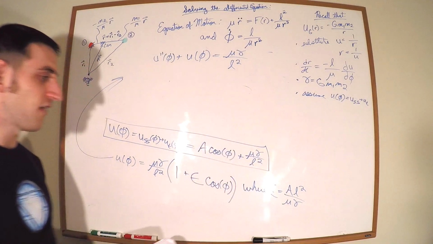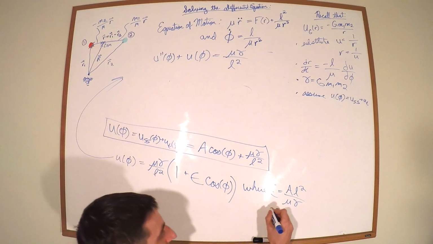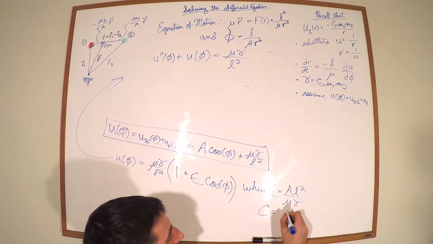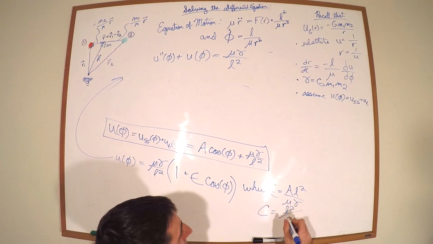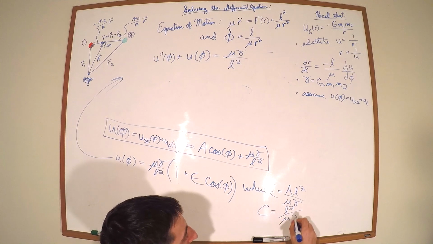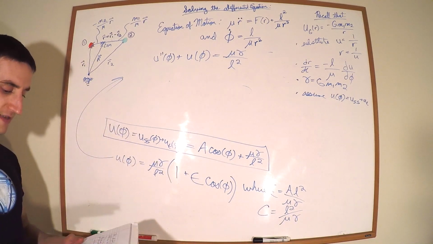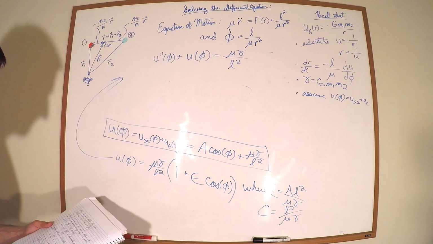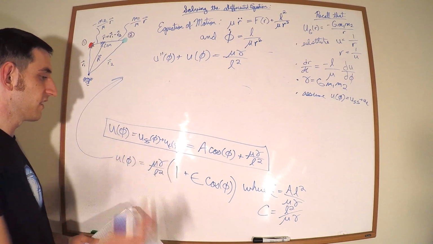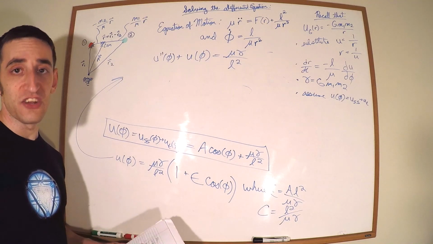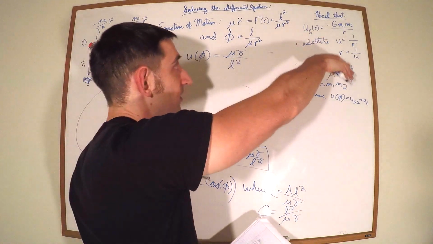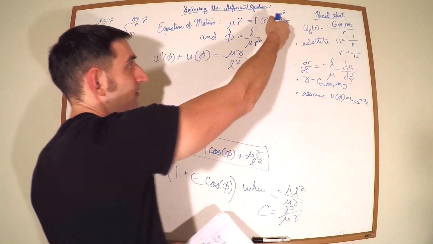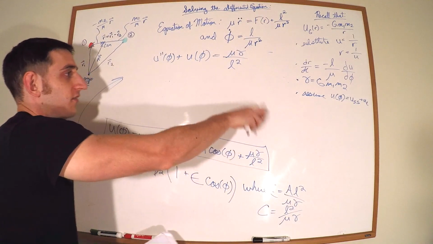So let's define a new parameter, C. C is going to be L squared over mu gamma. I hope you guys can see that. If that's what C is, we take this and convert it back to R, because that's what we're really interested in. U was used to simplify this nasty differential equation so we could actually solve it.